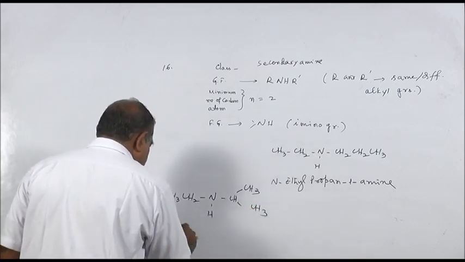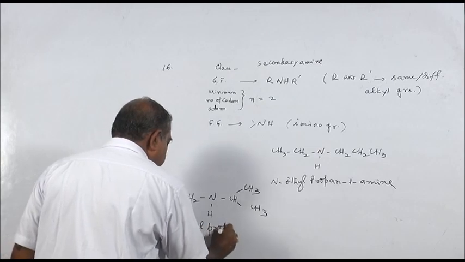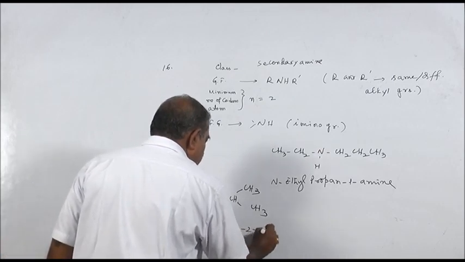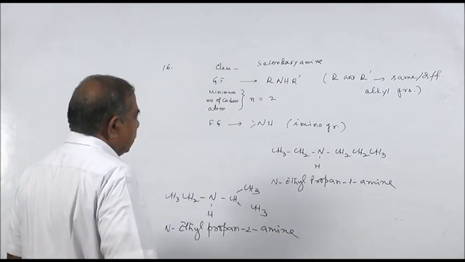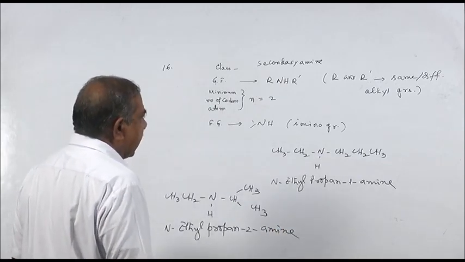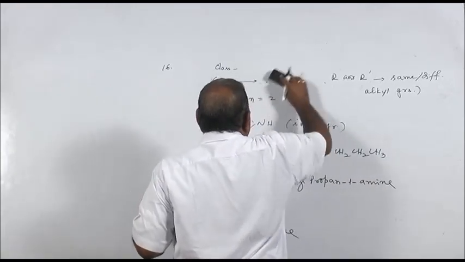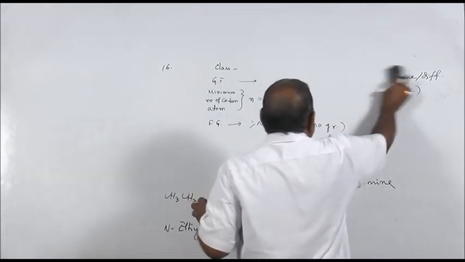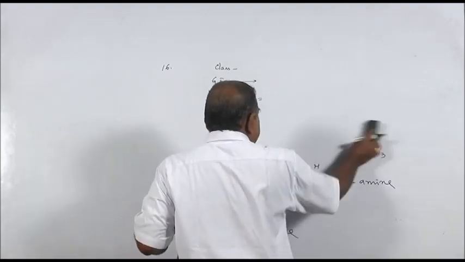This is N-ethyl propane-2-amine. So it is N-alkyl alkanamine. The last one, that is tertiary amine, tertiary amine.